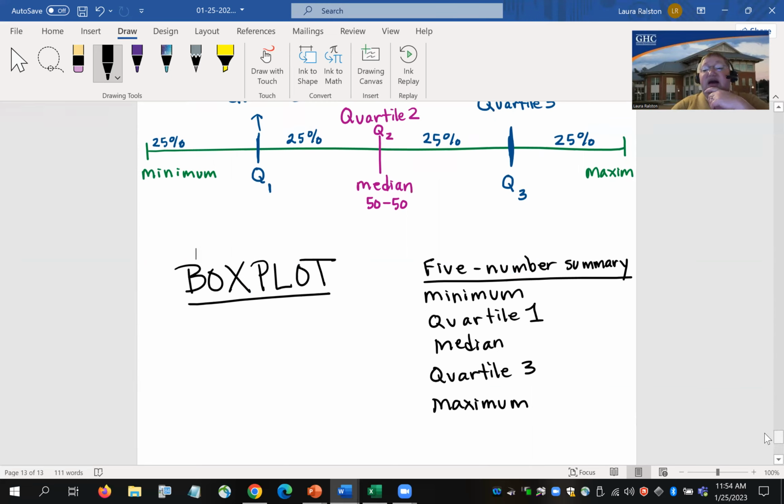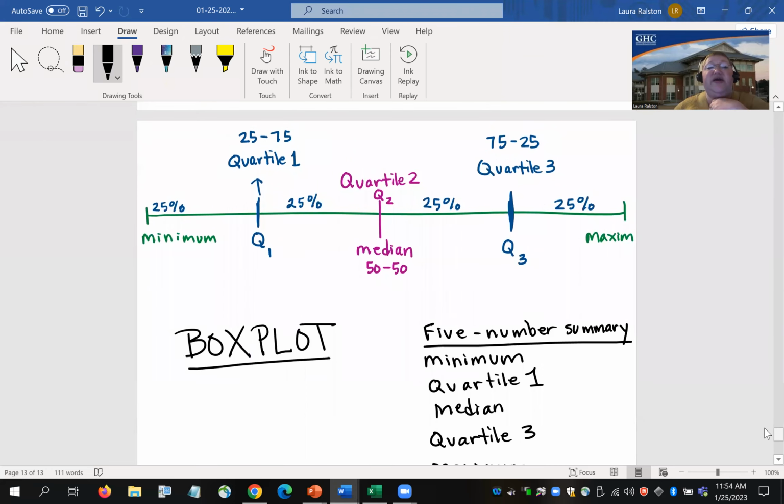We get the idea of a box plot because we draw a box from quartile 1 through quartile 2 to quartile 3. We draw a box around Q1 to Q3.